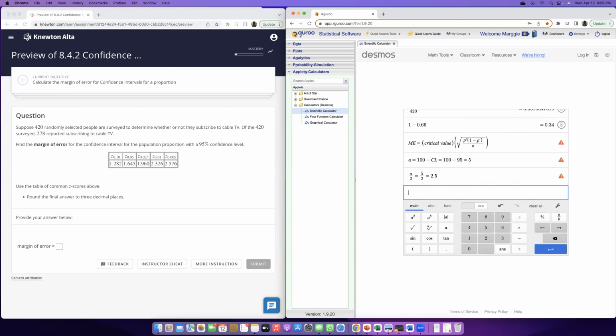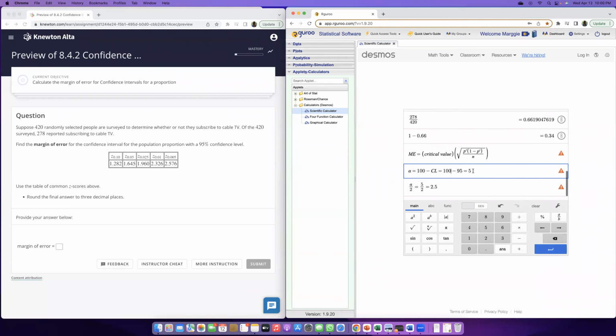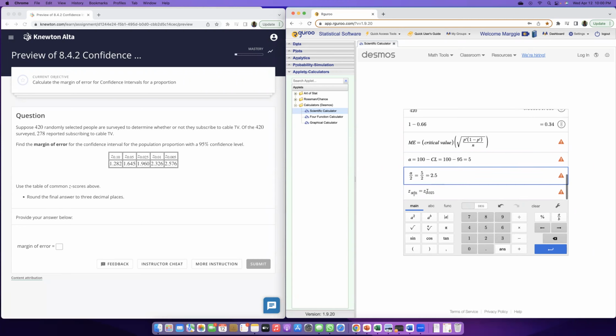And so when I find that z-score of alpha over 2, I have z of 0.025. Change that percentage to a decimal. Remember that we're talking about 95%, so 100%, 95%, it's 5%. So I cannot use the percent, so I'm going to use the decimal. So we go back here and we check our table, and the z-score for 0.025 is 1.96.